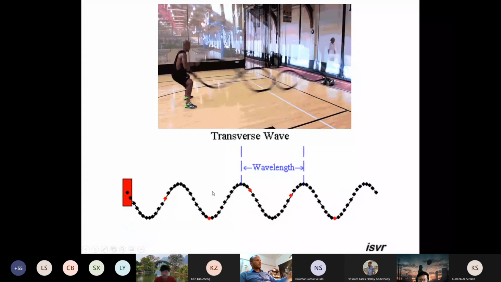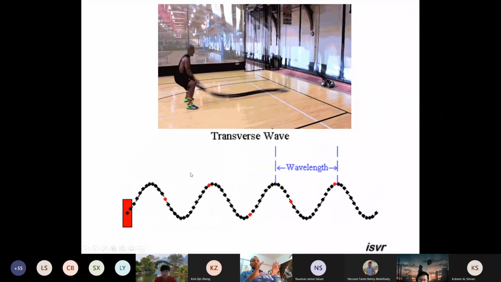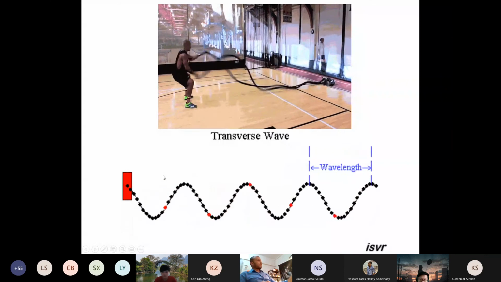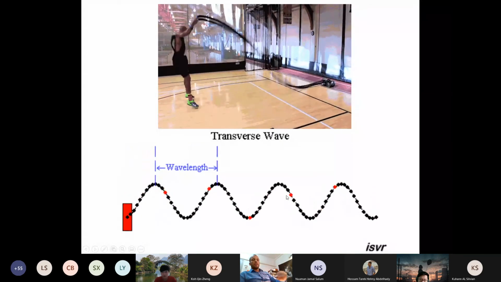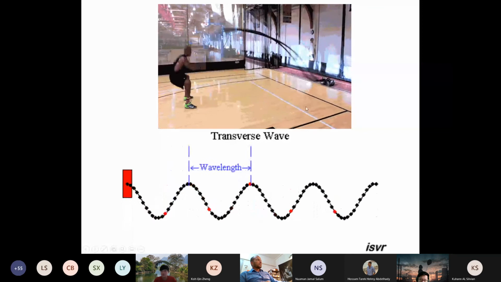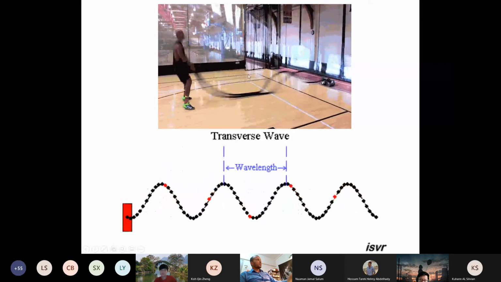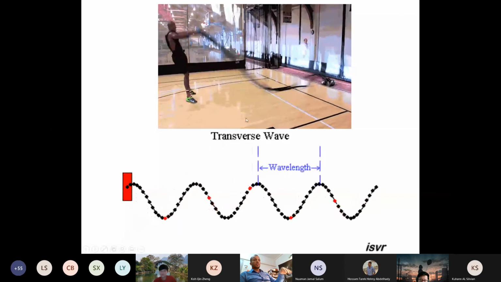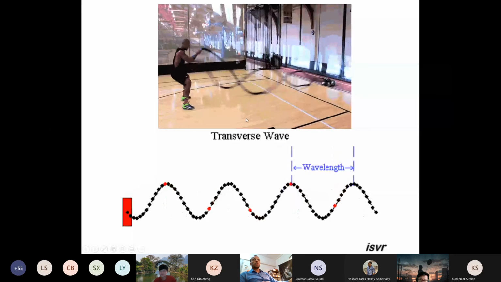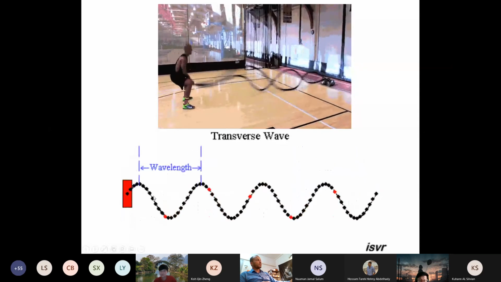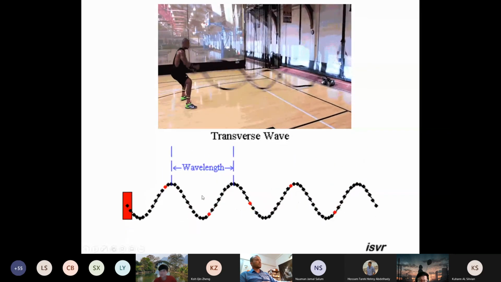It's going up and down. However, when you see the big picture, it seems that this wave is moving. So it's like an illusion. Similar thing, what this guy is doing. So basically waves are not moving. It's just an illusion, showing you it's like things are moving, or the wave is moving from place to place.